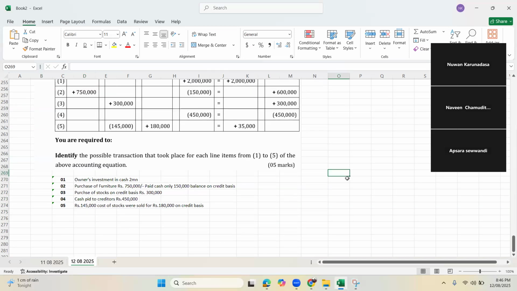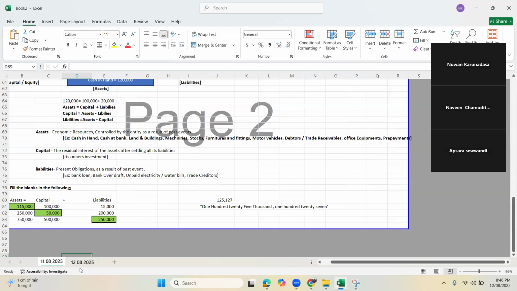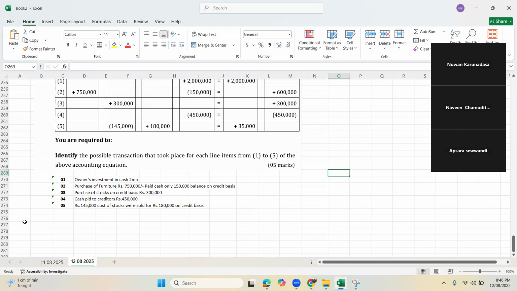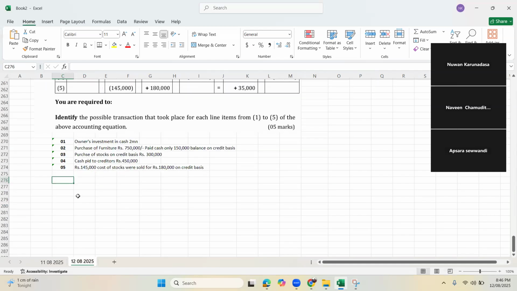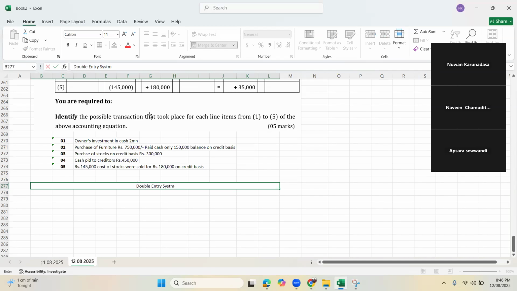So with that, I'll be finishing the first section. That is the introduction part, yesterday's discussion and today's discussion together, accounting equation. Then we'll move to another heading, that is the double entry system and prime entry books.